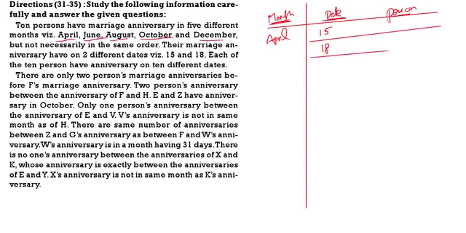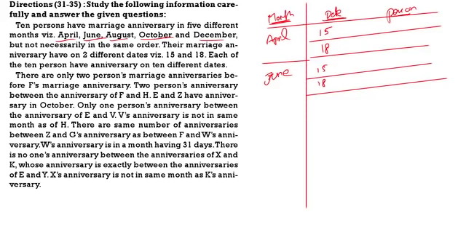Then followed by June. June also we are having 2 dates again. What are the 2 dates? One is 15, one is 18. June 15, June 18. Then after June we are having August. August again we are having 15th and 18th.